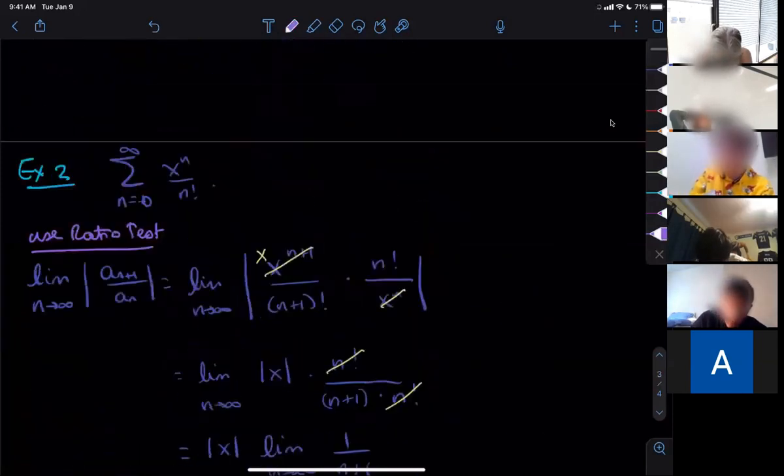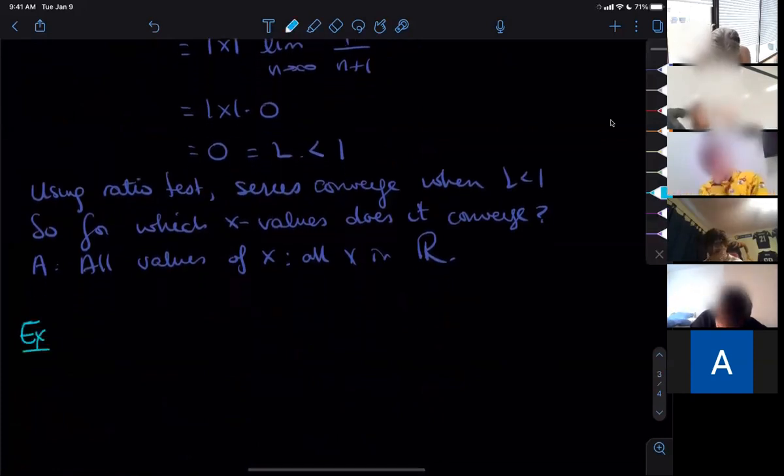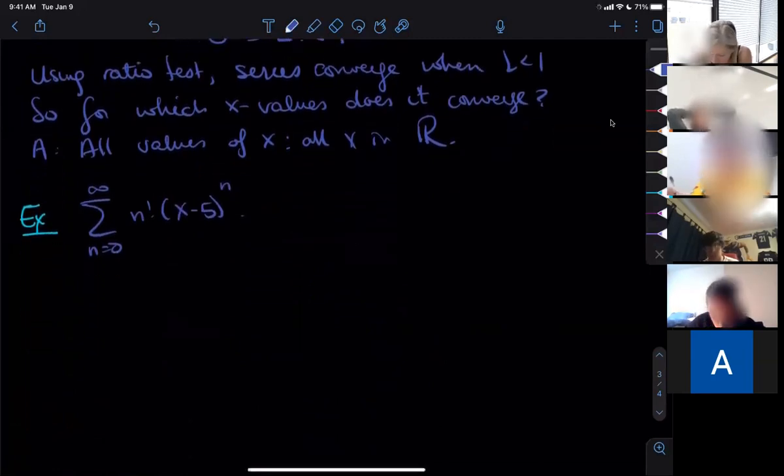Here's another example. Here's one, the sum from n equals 0 to infinity of n factorial times (x minus 5) to the n. Same thing.